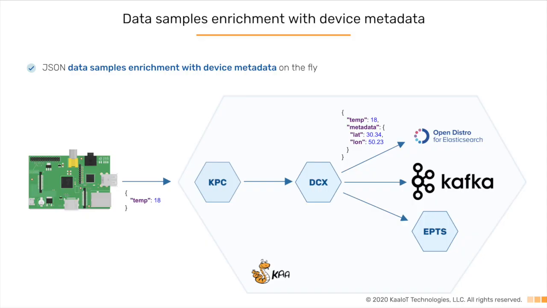Kaa Data Collection Extension Service now supports enriching data samples with endpoint metadata attributes on the fly. In other words, you can feed the endpoint time series service and the pre-integrated analytics with data samples received from devices and enriched with their current attributes. This allows you to significantly reduce the volume of networking when you have a mix of frequently changing telemetry and less often changing attributes.